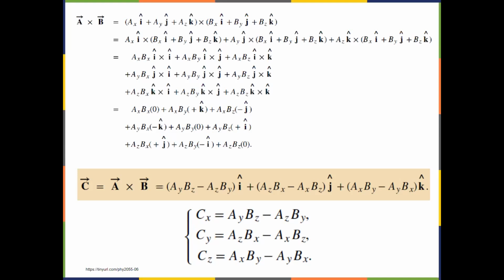Similarly for the y component, it will not contain any ay or by, but you'll have az bx minus ax bz, okay? For the z component, it will not contain any original z components, so ax by minus ay bx. All right. This is a little bit trickier than the one we had before, but you can always refer to this, okay?